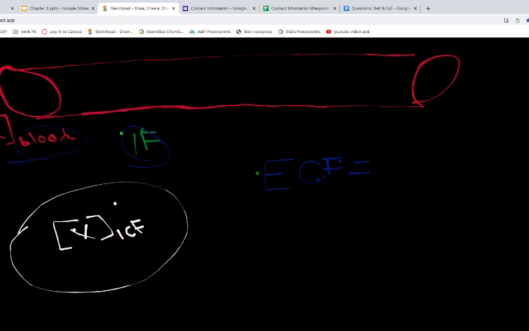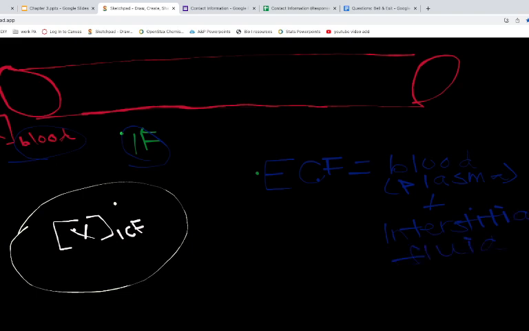So make sure that you know that that also denotes our blood, which is our plasma, and our interstitial fluid. Okay, those are just some notes to make before we go over chemical gradients.